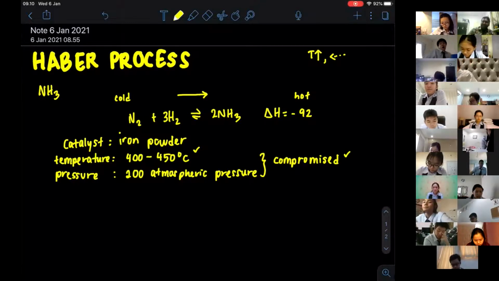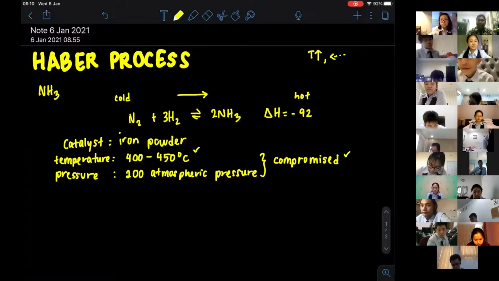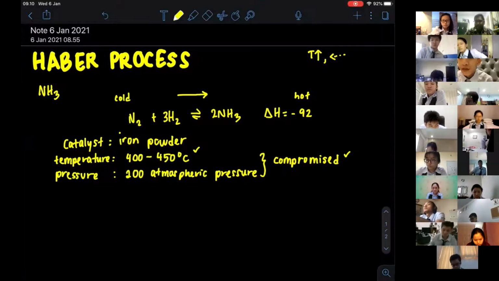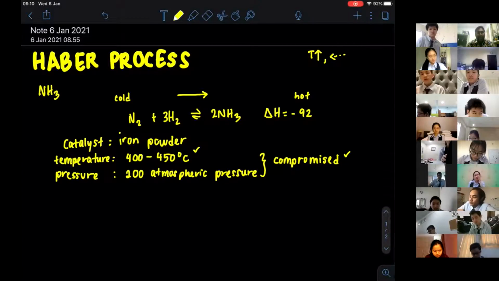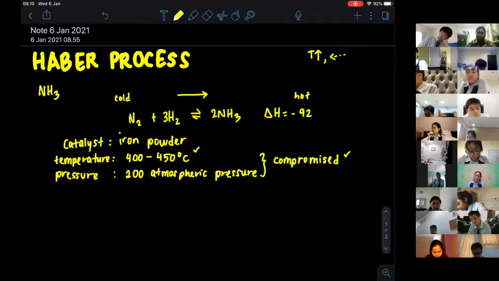For our standard, it looks a little more than 100 degrees Celsius. The reason they don't go to the extreme end, like 50 degrees or room temperature, is because the reaction will take a lot of time, and the Haber process is the production of ammonia at large scale in industry. Whenever we talk about industry, we want to produce something in a fast manner.